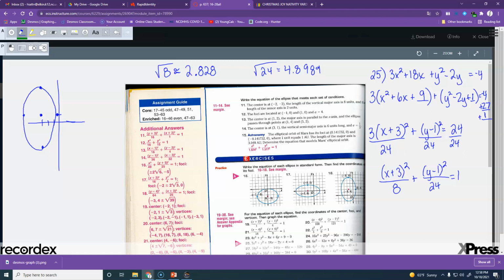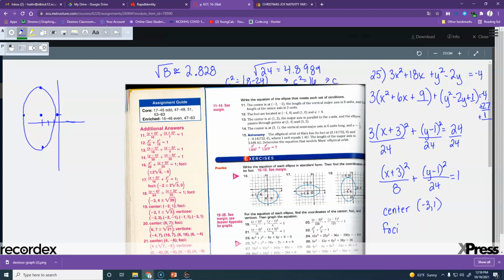So I'll give you some graph paper so that you can graph those for me. Center, I do want you to find, which is negative 3, 1. It also asks for the foci. So for the foci, I would do c squared is the absolute value of 8 minus 24, which is, let's see, 24 minus 8 will give us 16.